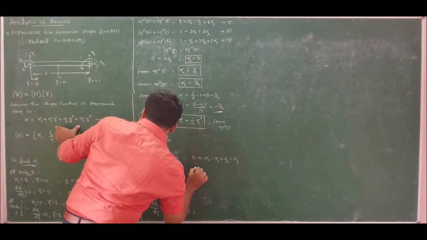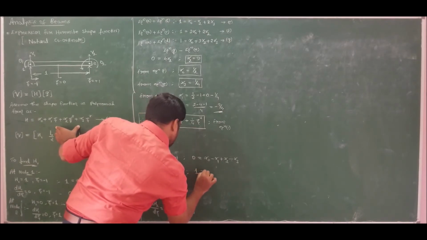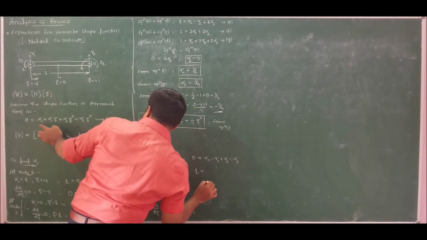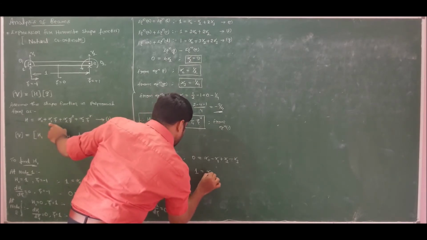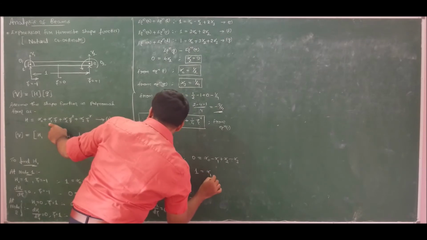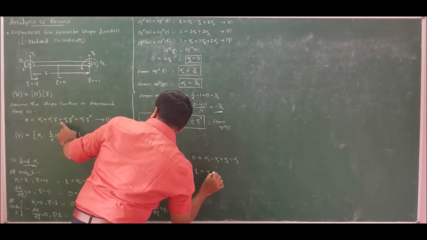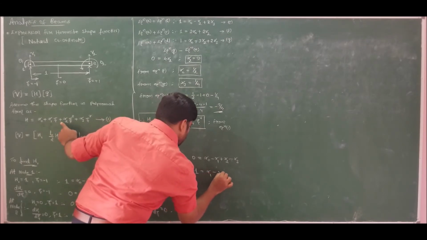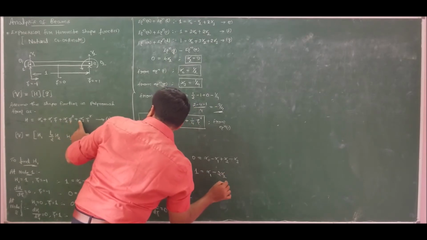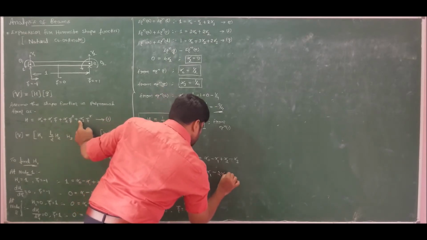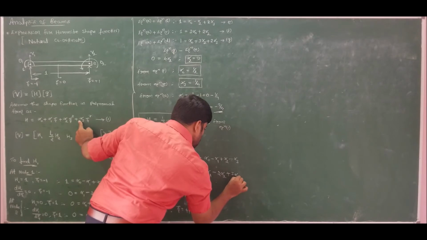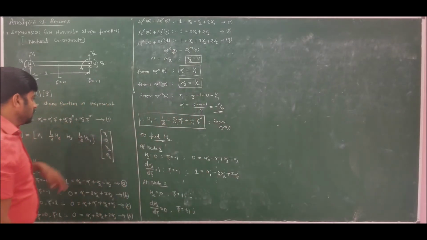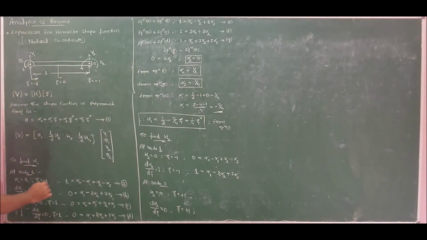So from the second condition, from equation 1, we will get the derivative of this is 1, which is equal to, when I differentiate, alpha naught will become 0. We have only alpha 1 plus 2 alpha 2 zeta will become minus 2 alpha 2 plus 3 alpha 3 zeta square will become plus 3 alpha 3. So now to avoid confusion, let me write dx by d zeta also.